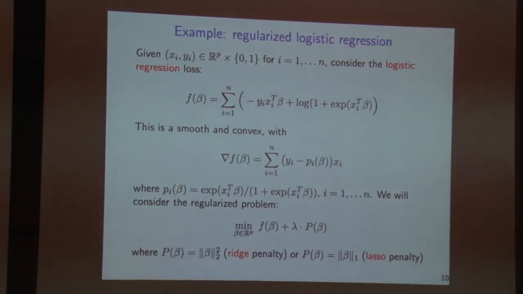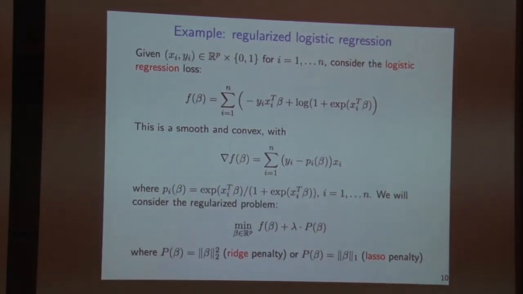Okay, so now I'm going to consider a regularized problem where I'm doing logistic regression, but I'm also going to apply some kind of penalization or regularization. And I'm going to do it in two ways. One in which the problem ends up being smooth, and one in which it ends up being non-smooth. We're going to do subgradient method on the non-smooth one, gradient descent on the smooth one, and see how they converge. For the smooth one, I'm going to do a ridge penalty.